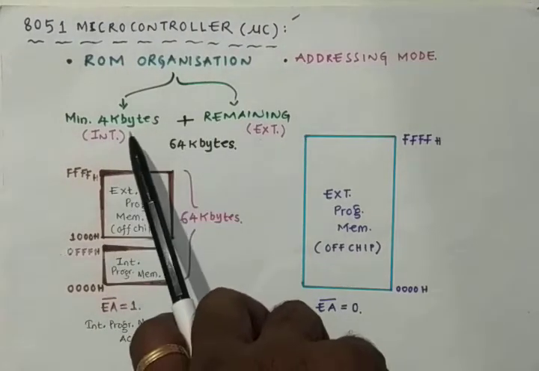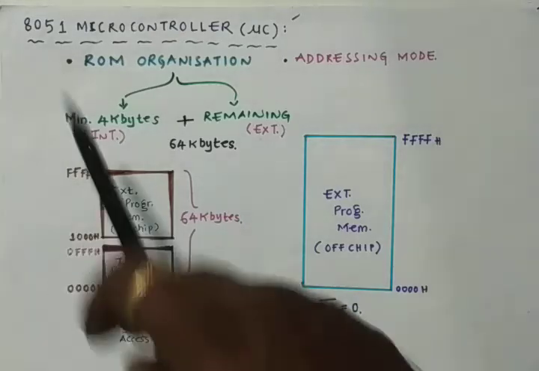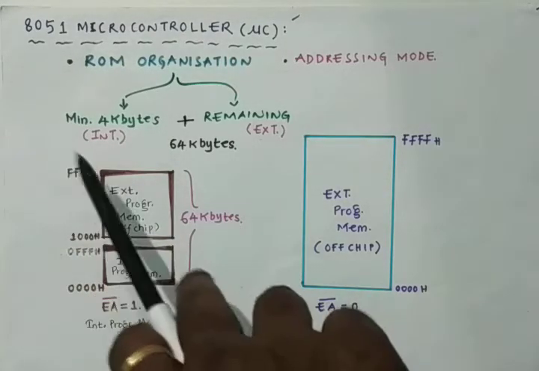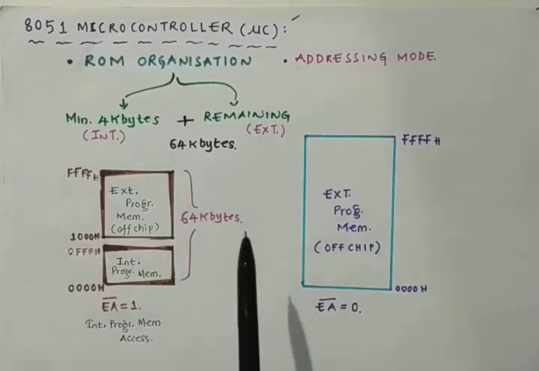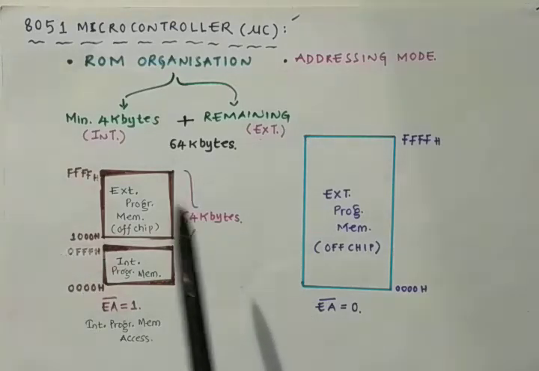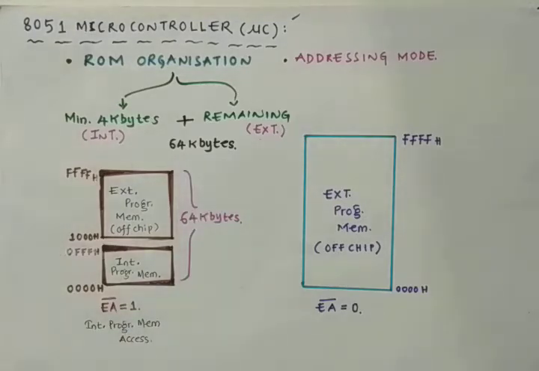We have to choose a minimum of 4 kilobytes as internal memory. Based on our requirement, we can go for more than 4 kilobytes also, but the total memory accessed by the 8051 microcontroller, including internal and external memory, will be equal to 64 kilobytes.